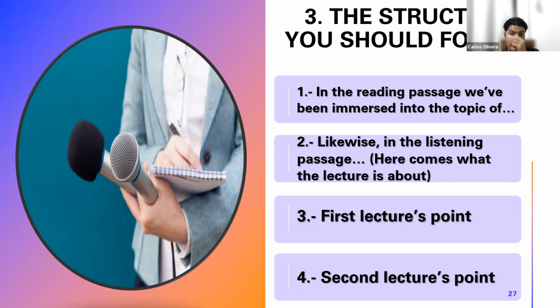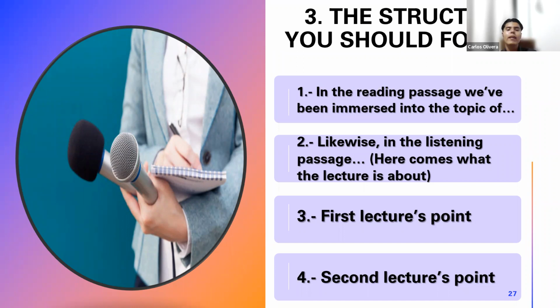Why? Because in your summary of the listening passage or the lecture, what I mean by this third and fourth step is that you have to include in your summary of the lecture or the listening passage these points that the professor is making. Of course, if the professor mentions more points apart from 2, that is to say, he mentions 3 or 4 points, also mention them.